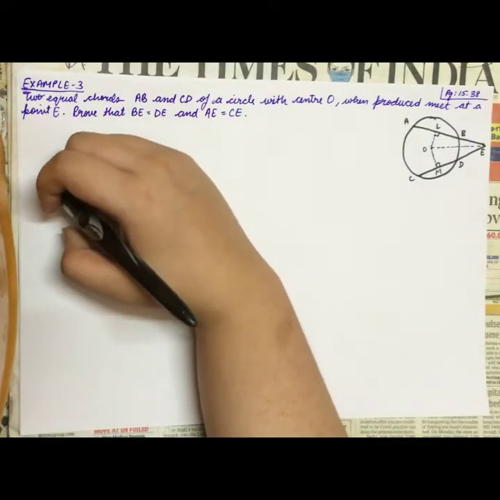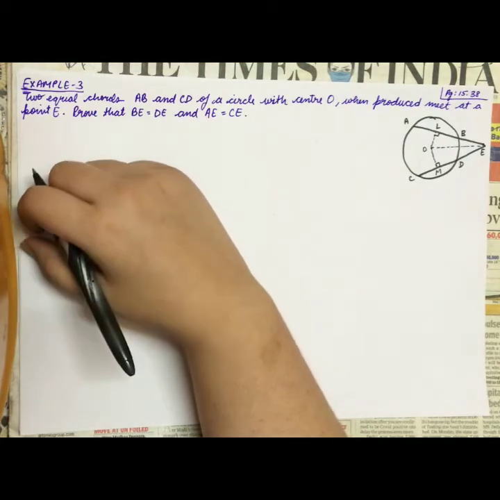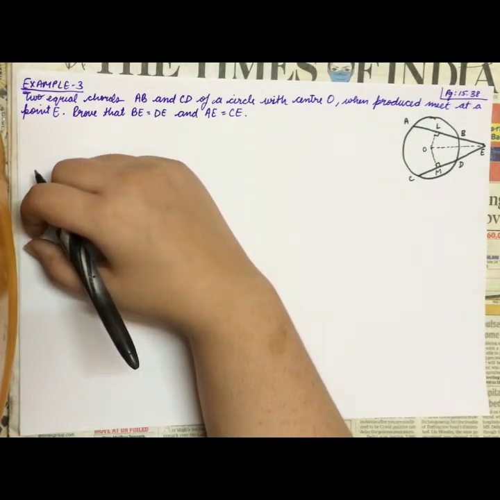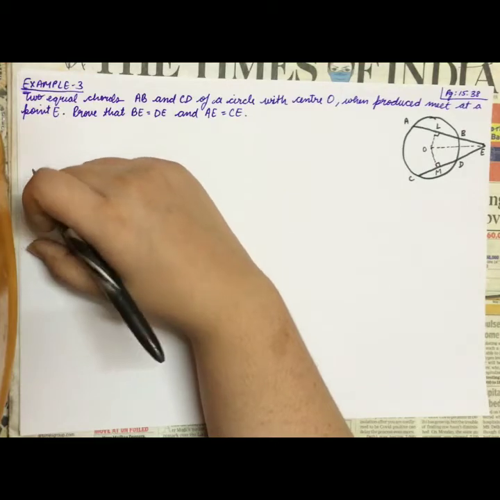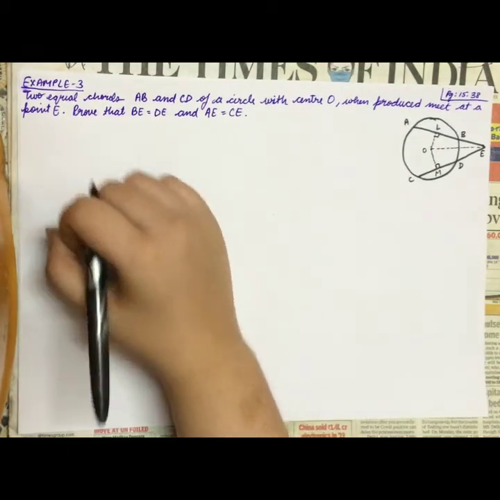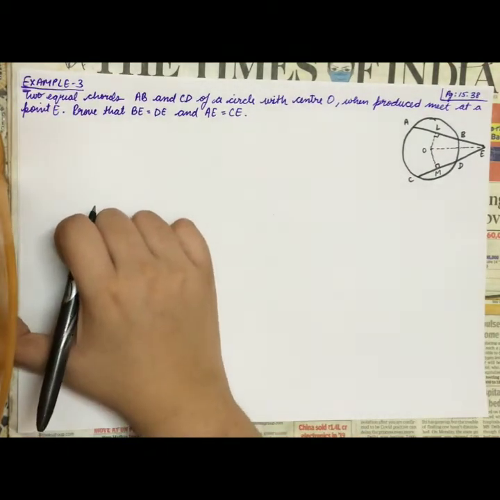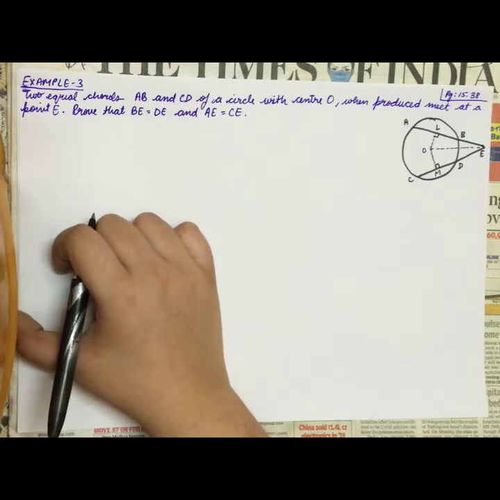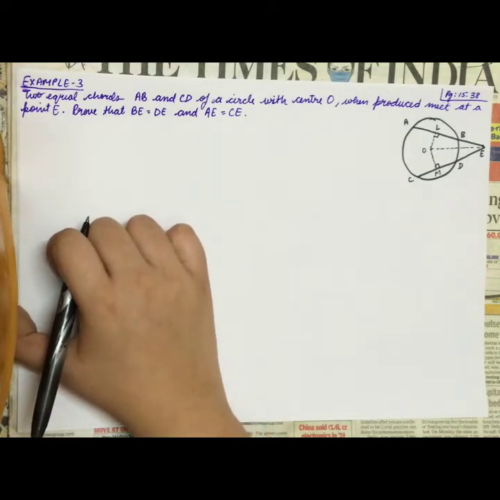Example number 3. Two equal chords AB and CD of a circle with center O, when produced, meet at a point E. Prove that BE is equal to DE and AE is equal to CE. So in this we will first construct OL, which will be perpendicular to AB, and OM perpendicular to CD.